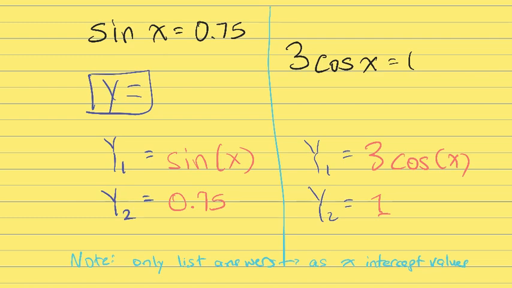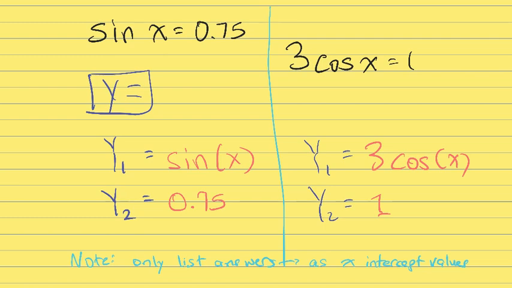So just ignore the y. They're all going to be the same anyways. And I believe the directions say round each solution to the nearest hundredth. So remember, that's 2 decimal places, okay? And so you list as many as show up on the screen.